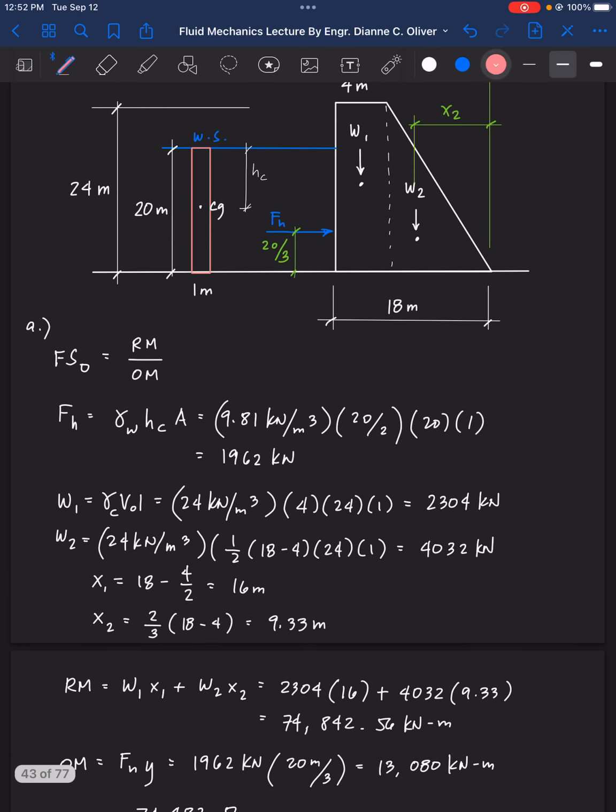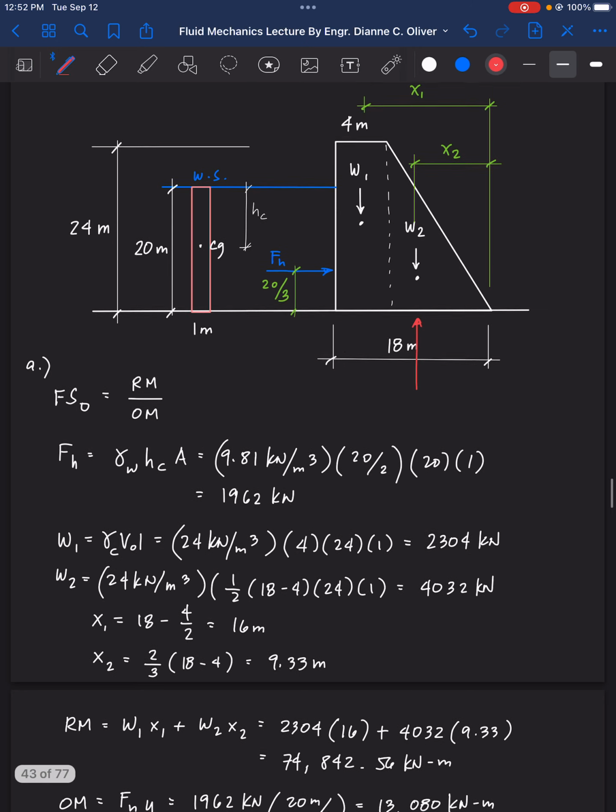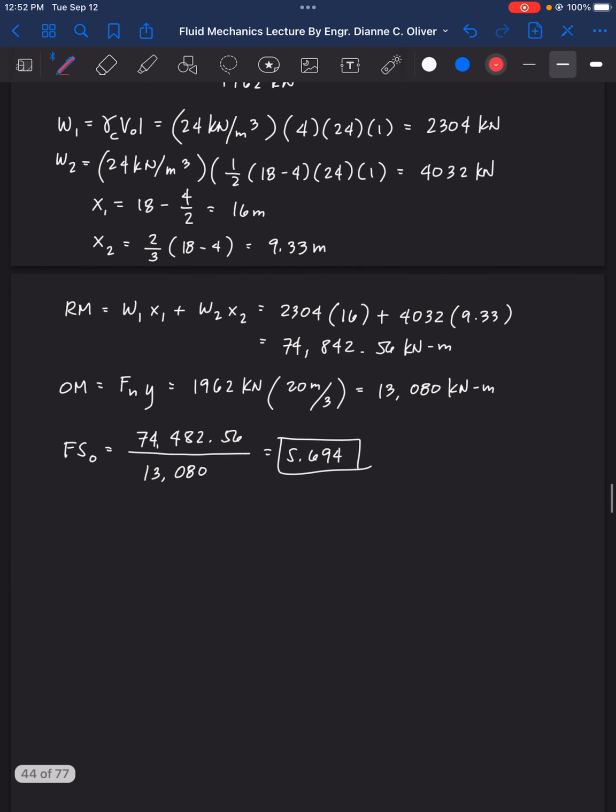The vertical reaction. Our vertical reaction will be located here, opposite of the weights. So RV. Now the question here is, what is the value of X bar?